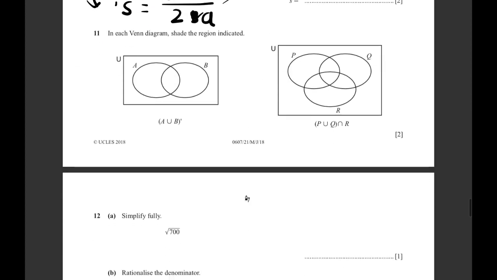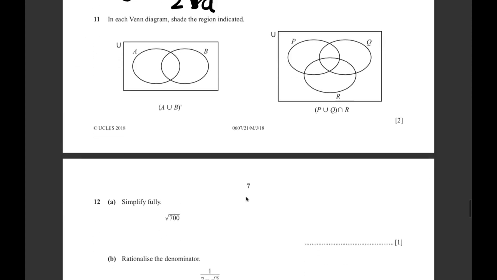Venn diagram question. I'm not a big fan of these, but there we are. What we're looking for is A union B, or A or B, but not that. Now A or B would be everything in the Venn diagram. However, we want everything that's not that.